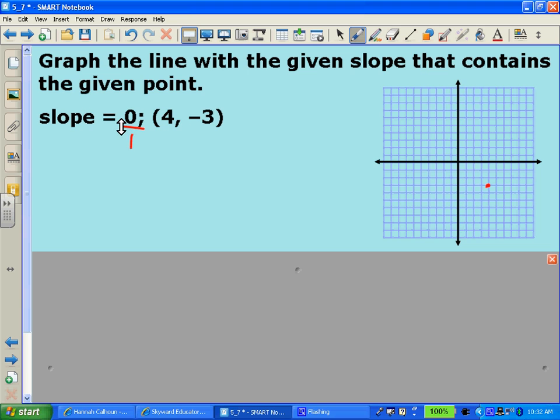Okay, and remember, if it's not a fraction, we put it over 1. So this is up 0 over 1. As you can see, it's just going to keep going straight across. So that's why when we have a slope of 0, we're going to have a horizontal line. So when you see slope of 0, that's what that means.